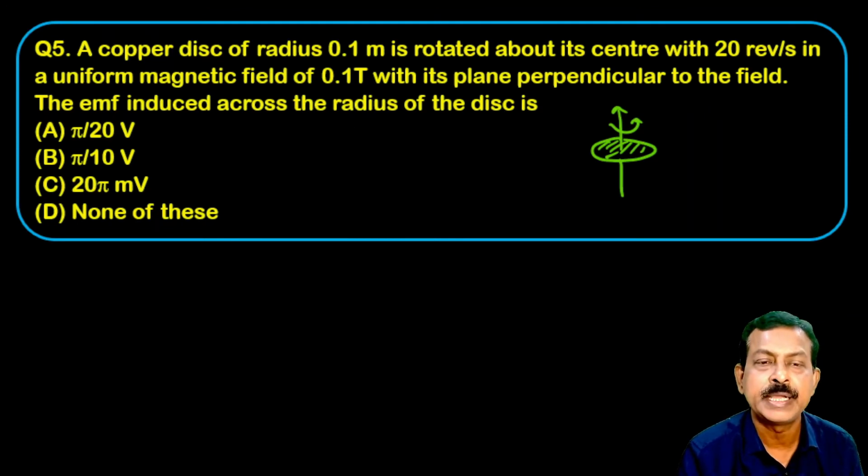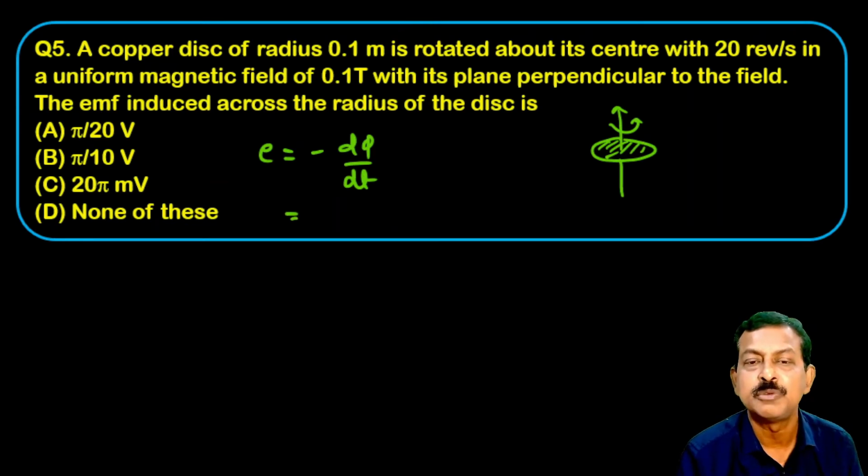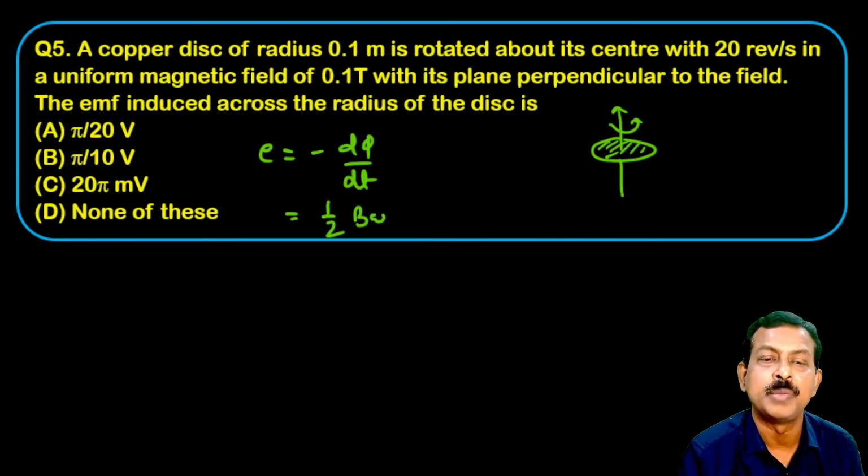So now if you take the EMF induced, it is E equals minus d phi by dt, and this is given for the EMF which is developed. If you find its expression, it will ultimately be half B omega L square.